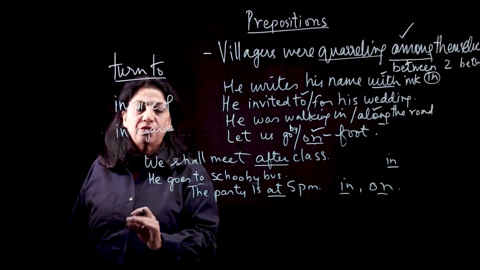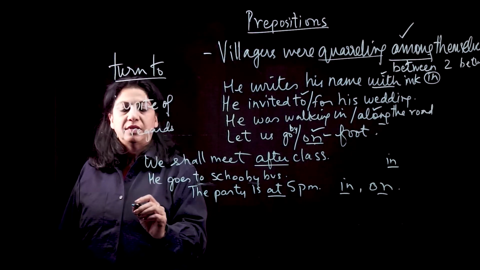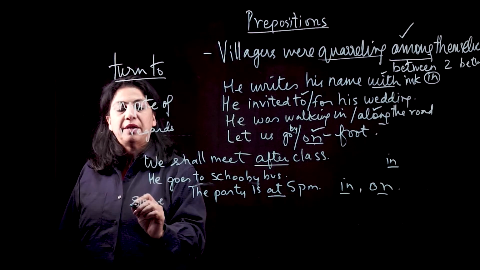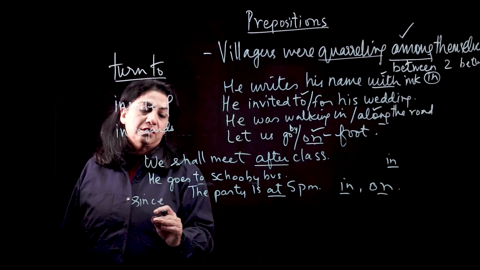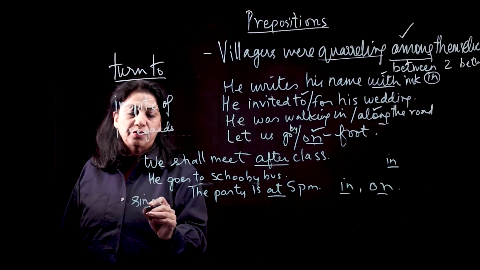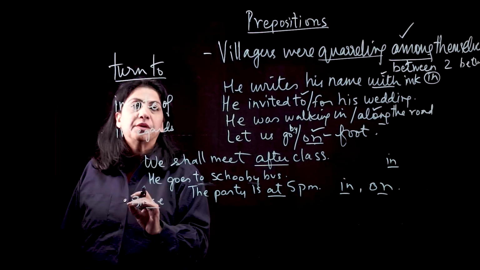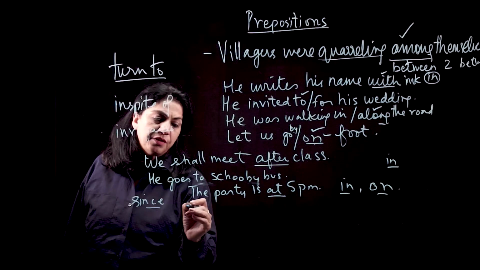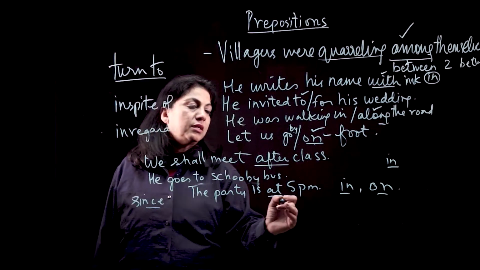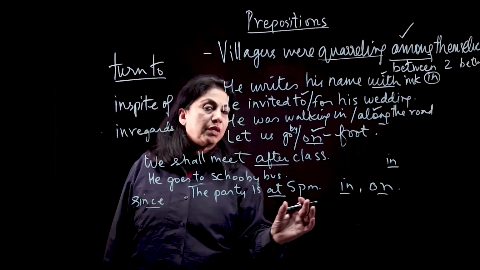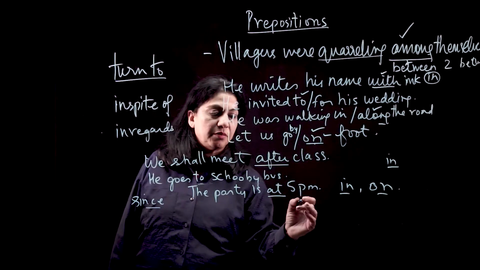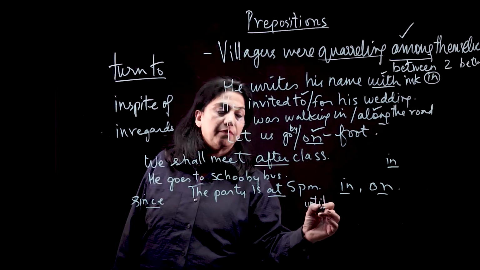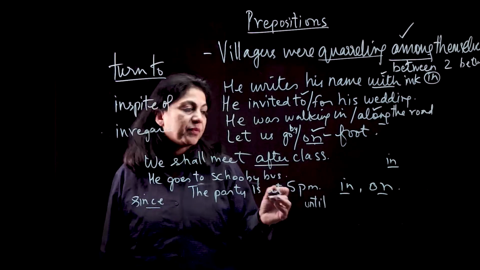Now when we speak of time, we have, let's say, "since." He has been practicing since the last 2 days. So your "since" over there becomes the preposition. And he will go to school until the bus comes. So "until" becomes a preposition of time.